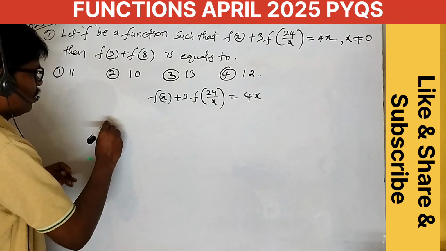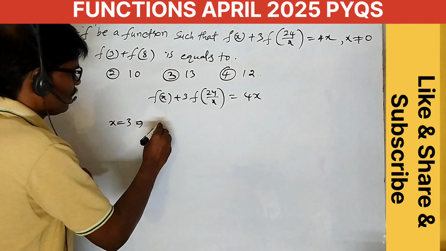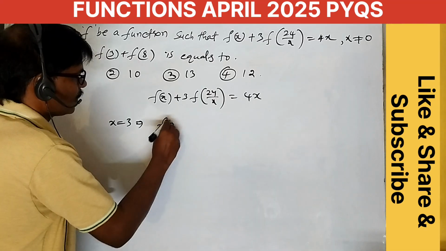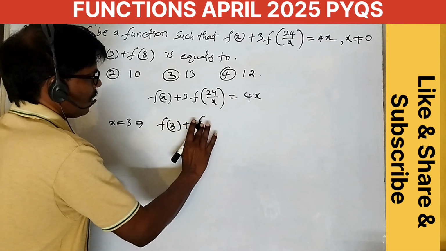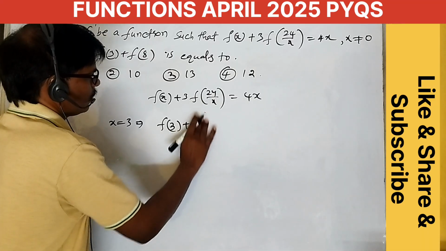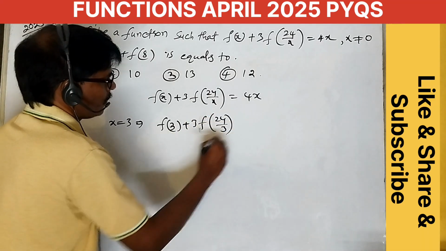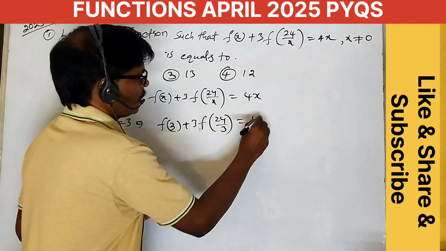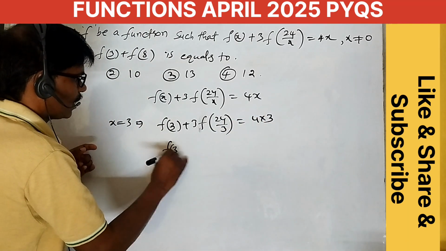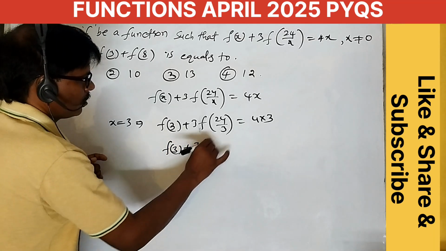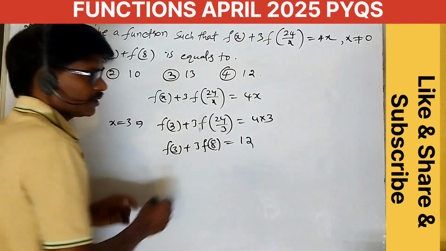What is the value of f of 3 plus f of 8? Put x is equal to 3. That implies f of 3 plus 3 into f of 24 by 3 equal to 4 into 3, so f of 3 plus 3 into f of 8 equal to 12.